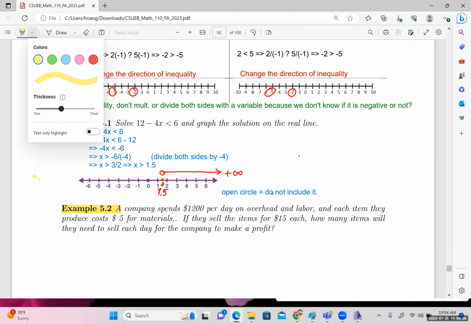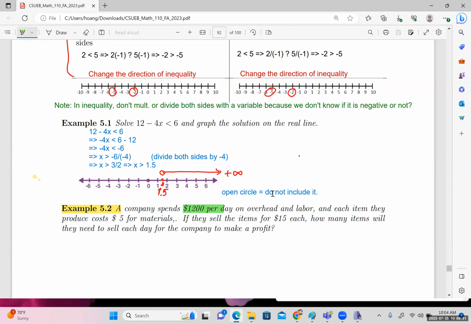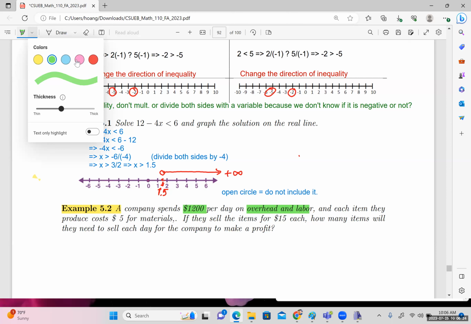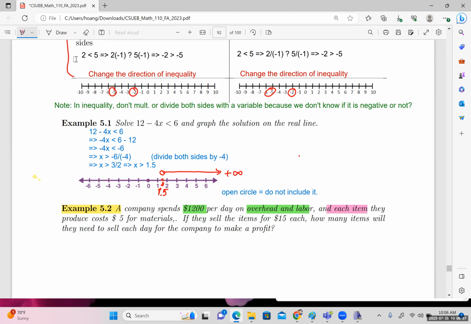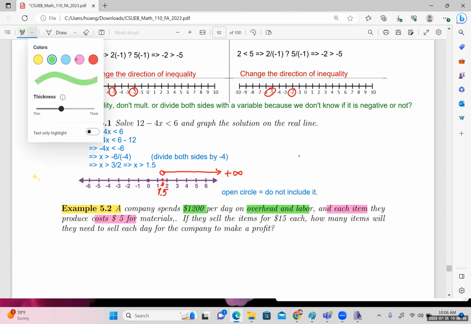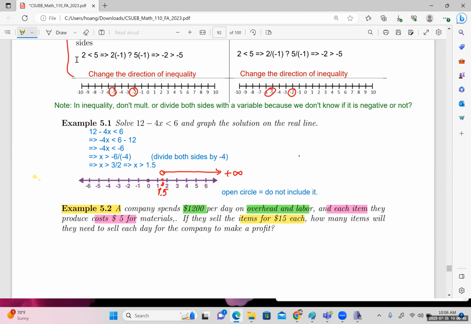So we have 1,200 per day on overhead and labor, right? And each item costs $5 for materials. And if they sell the item for $15 each, so this is the price, a fixed price at 15, right?